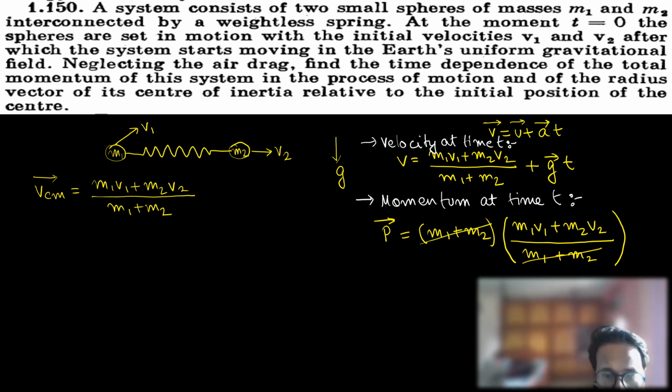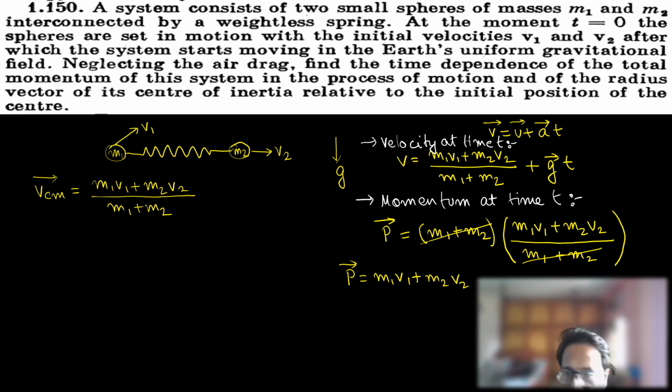Okay, so the net or total momentum at time t would be equal to m1 v1 plus m2 v2 vector, plus g t. I forgot a parameter to add here. I made a mistake in the equation. So plus g into t here, and so it won't get cancelled. Sorry, do not cancel it.